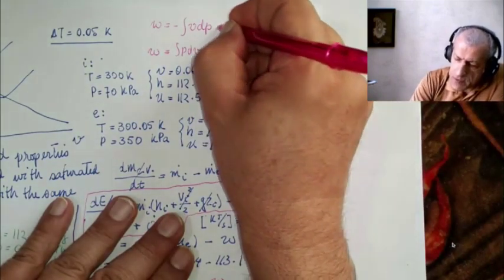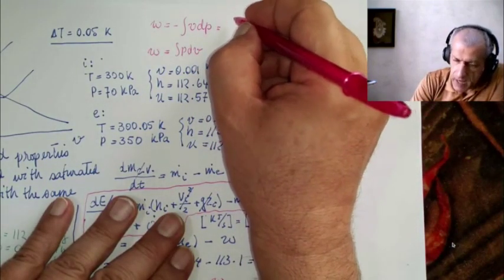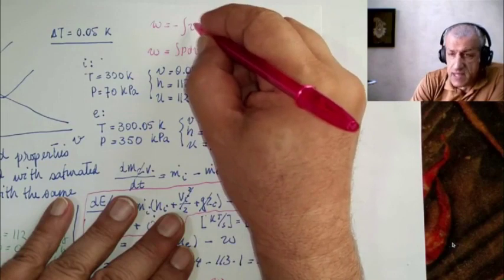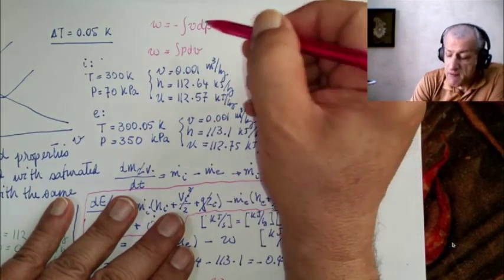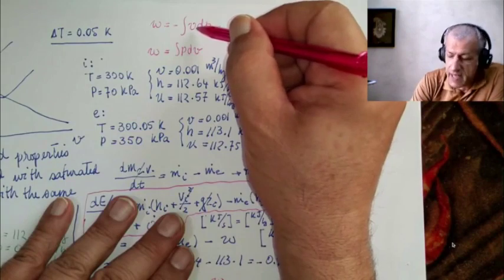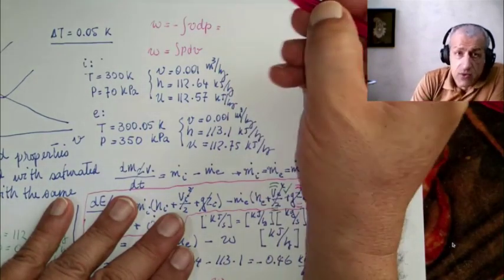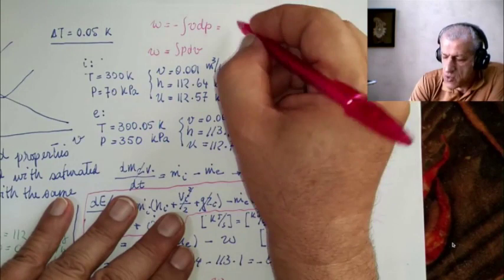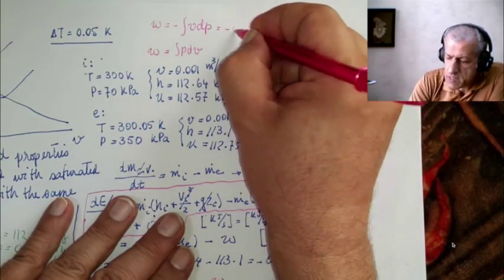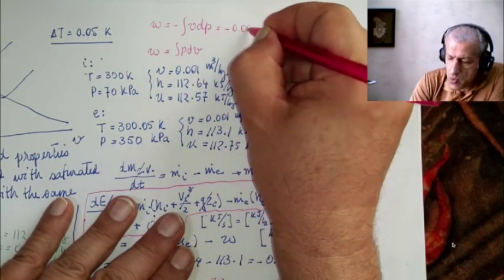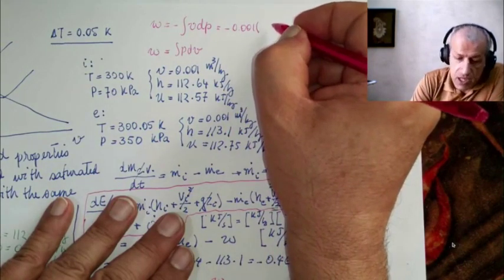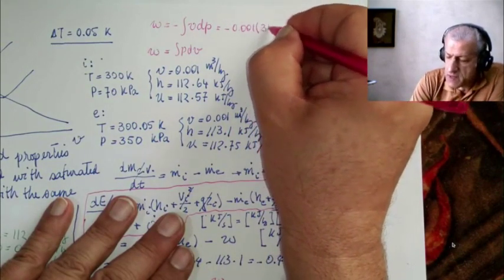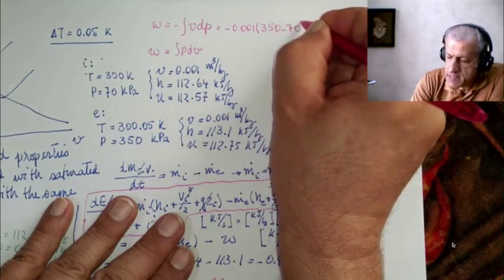Now, for this equation, we may write, because V remains constant, this is a very useful equation for pumps because V remains constant and makes calculation very simple. So the answer would be 0.001 times the change in pressure, which would be 350 minus 7.